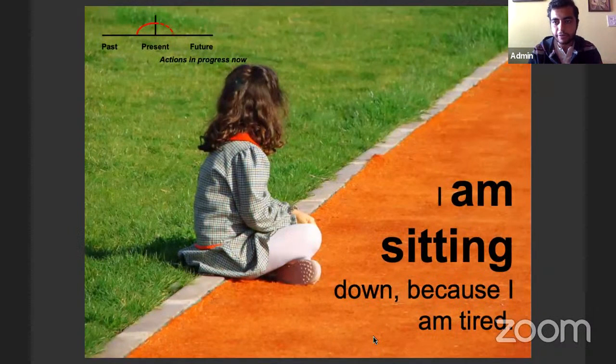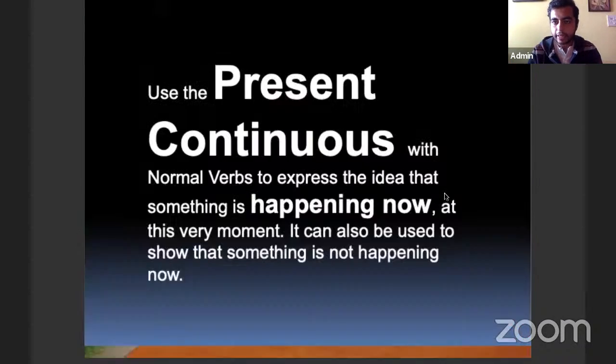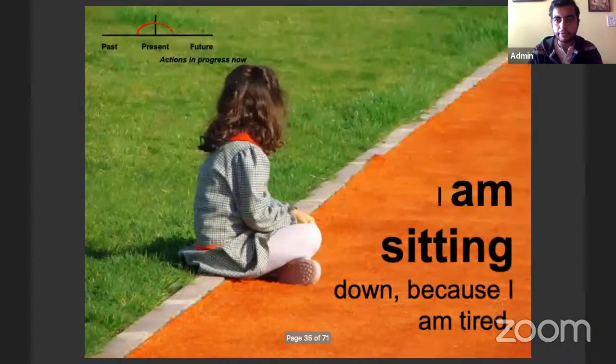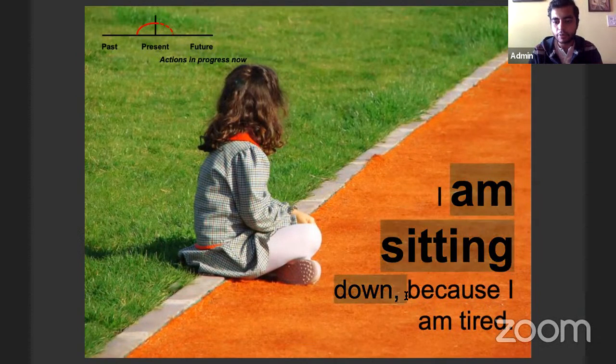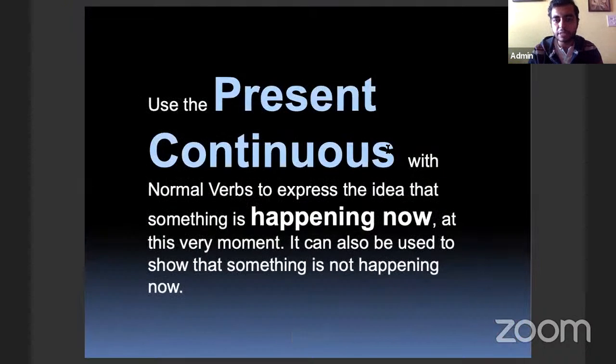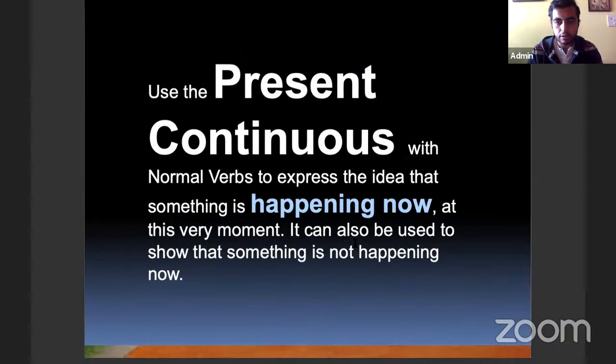This girl went for a run, got tired, and then sat down. Then someone came up to her and asked, "Why are you sitting?" So she said, "I am sitting down because I am tired." I am sitting, present continuous. It means present form, sitting continuous, happening for a continued time. This is to say that something is taking place right now at this exact moment.